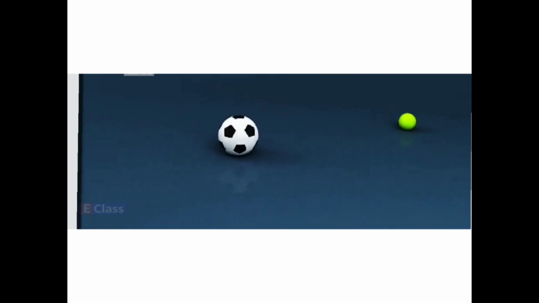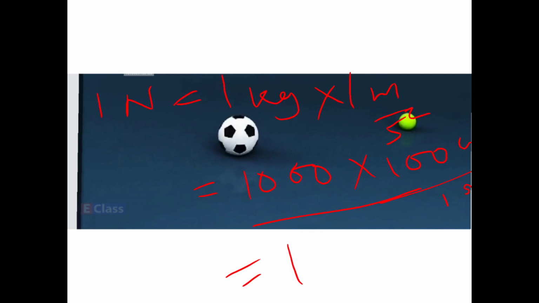So we have 1 Newton is 1 kg into 1 meter per second square. 1 kg is how many grams? 1000. So 1000 into 1 meter, which is 100 centimeter, upon 1 second square. The second is the same in both, so let it be. So it means after 1, how many zeros? 3 here, 2 here, 5 zeros, this much gram.